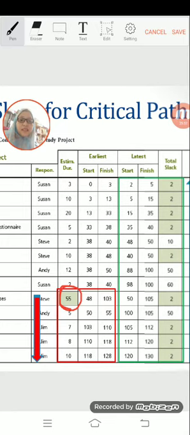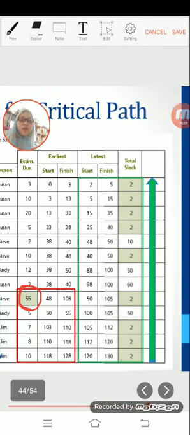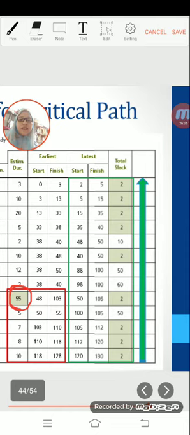So this is earliest start and finish time, you need to calculate forward, while for latest start and finish time, you need to calculate it backward.